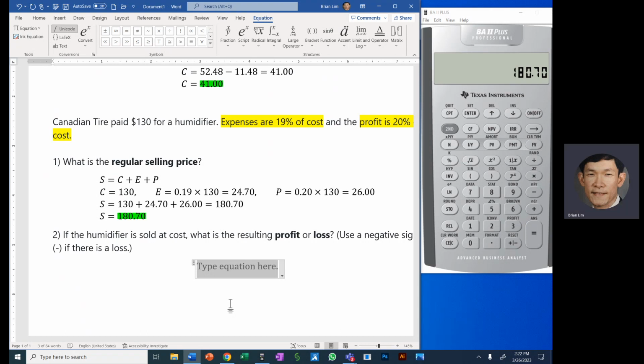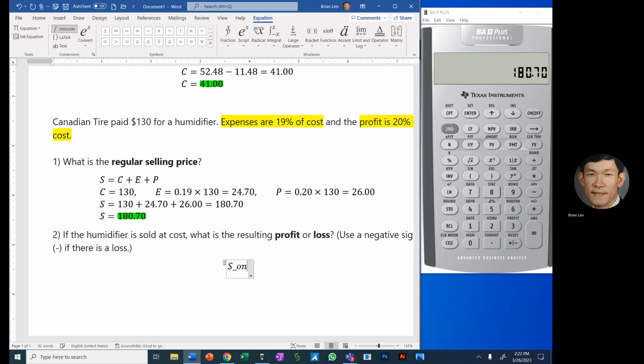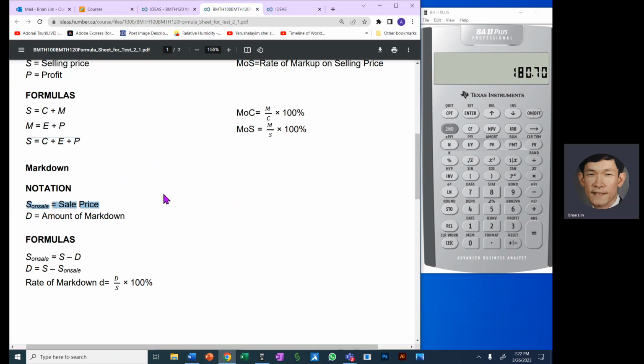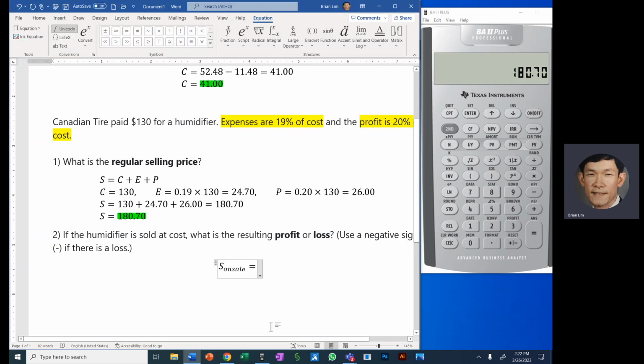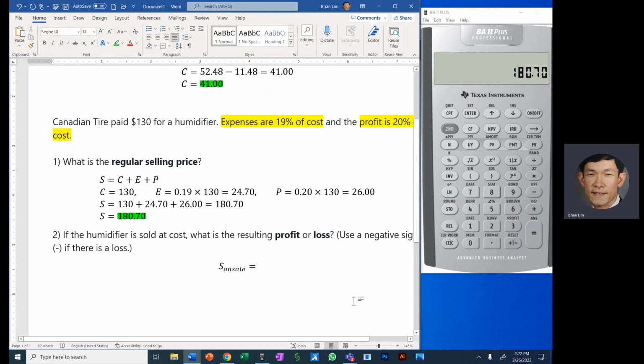So we can put in S on sale, right, is equal to, let's just check to make sure. Well, yes. So that would be the sale price. It's sold at cost, so it's equal to the cost price, which is equal to 130.